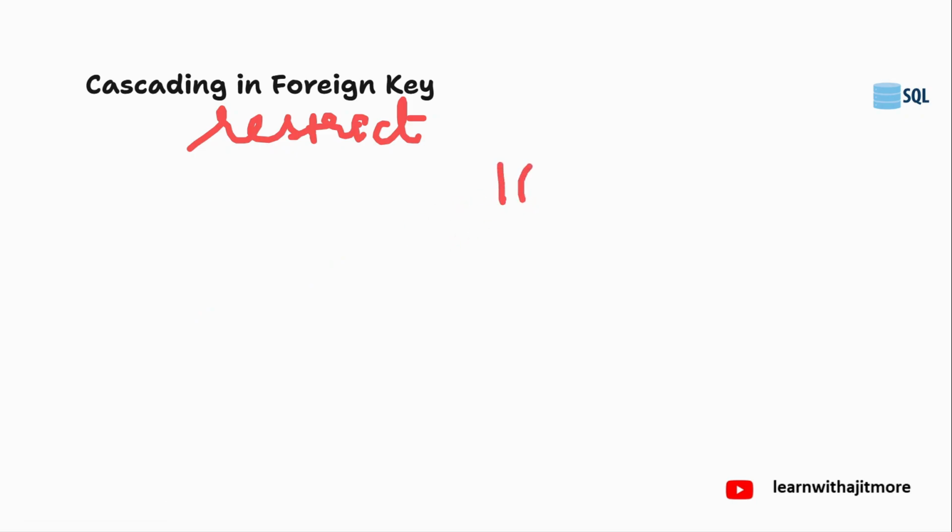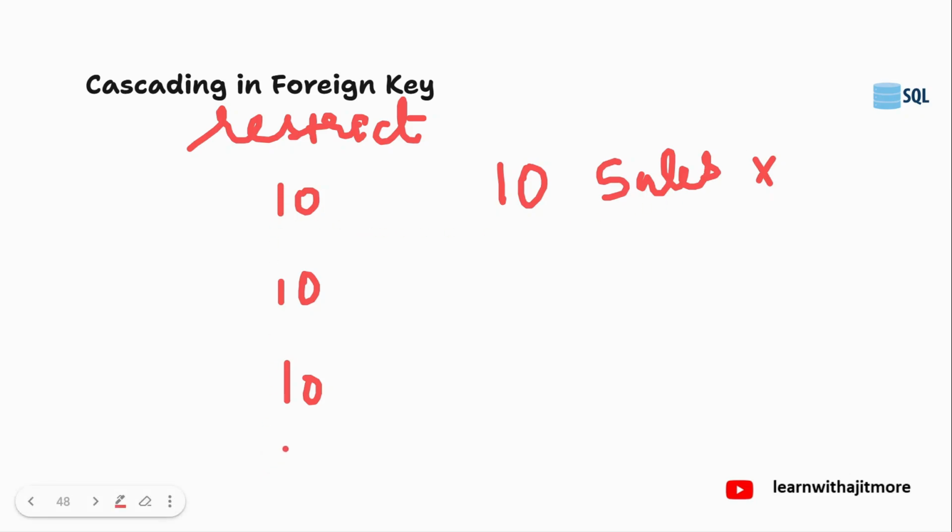Means if you try to delete the parent, sorry, and if there are child records which are referring to that parent key value, and you have given on delete restrict, on update restrict, it will violate both deletions. Means it will not allow deleting the parent and obviously the child also. Getting? No deletion will happen.